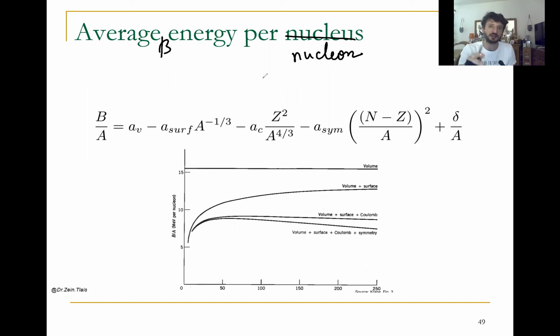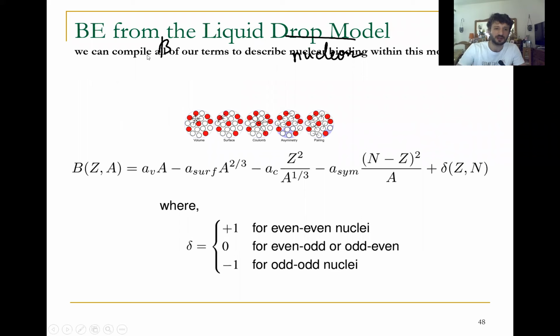This value was calculated before, but now we have to use the new relation of the binding energy. I will write the expression directly here. To calculate the binding energy per nucleon, we have to divide the total binding energy by A.